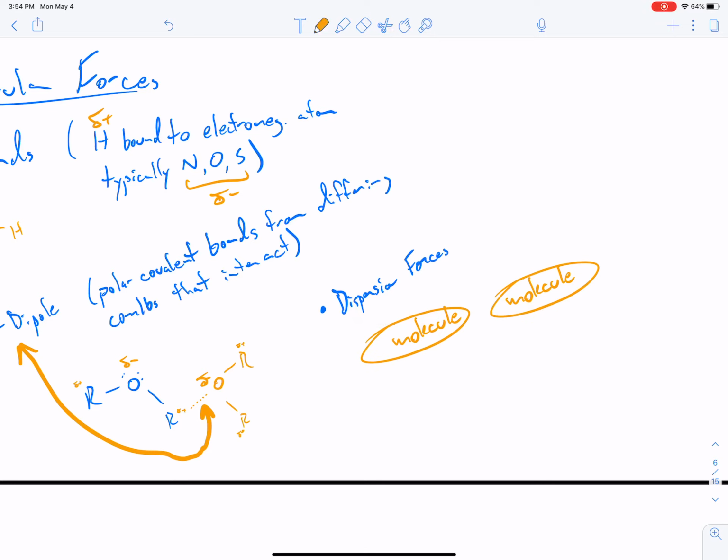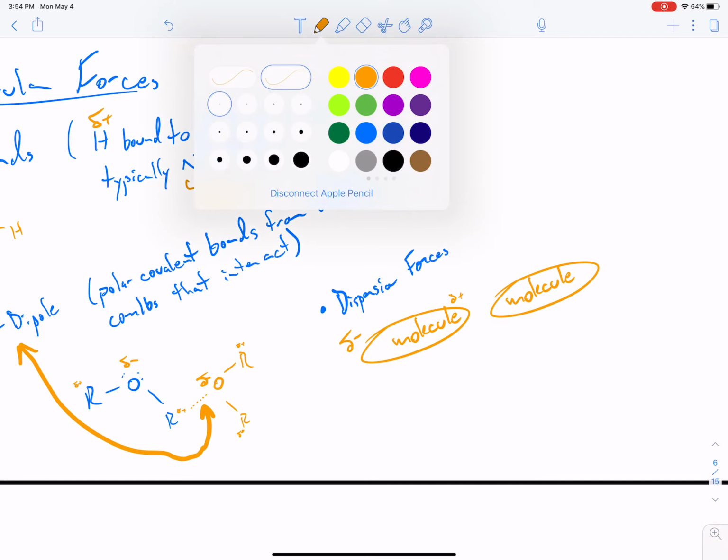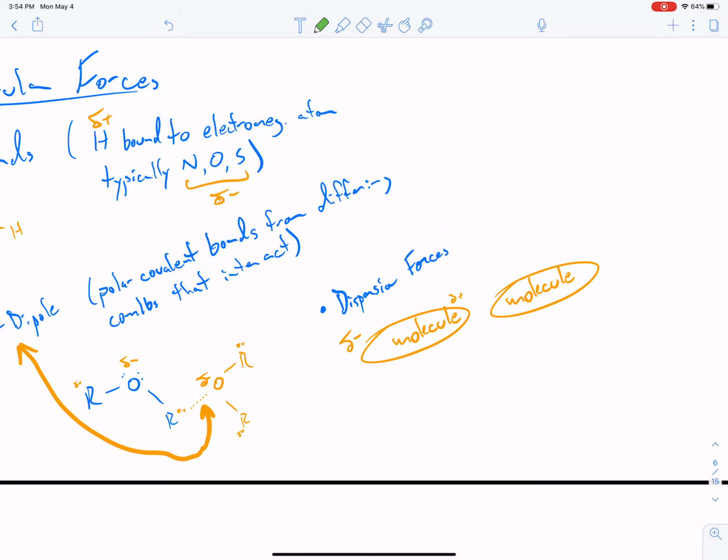And then what we're left with is this one becomes delta minus and this one's delta plus, just because this molecule was moving closer to the other one.